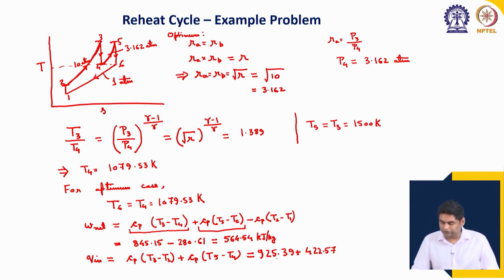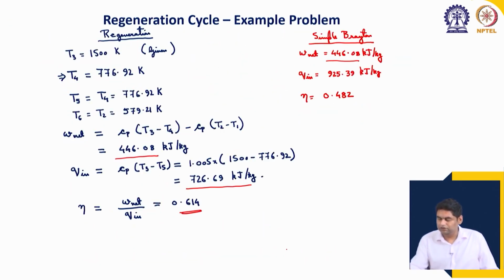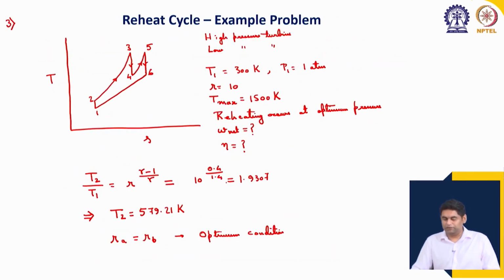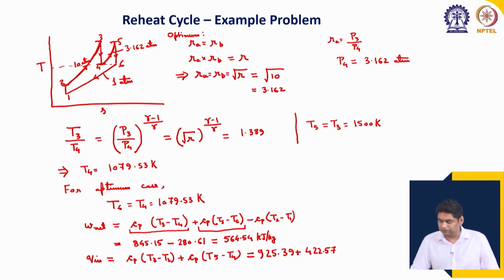This 925.39 should be the same as the standard Brayton cycle heat addition, because that part remains the same, but now we have an additional heat addition of 422.57, which gives us a total value of 1396 kilojoule per kg. This is a considerably high value of heat addition, which means that the efficiency is going to be low, because so much heat addition has occurred.